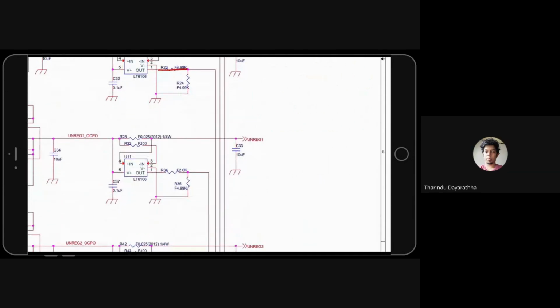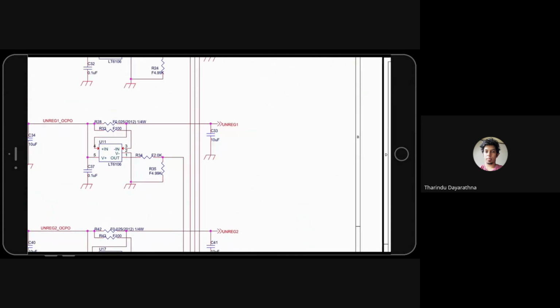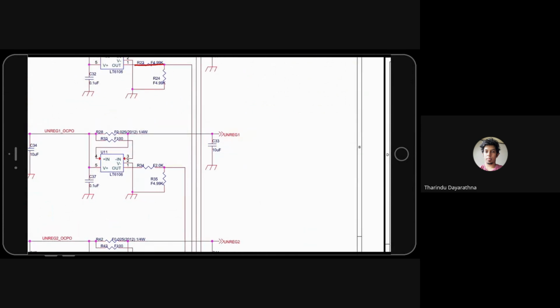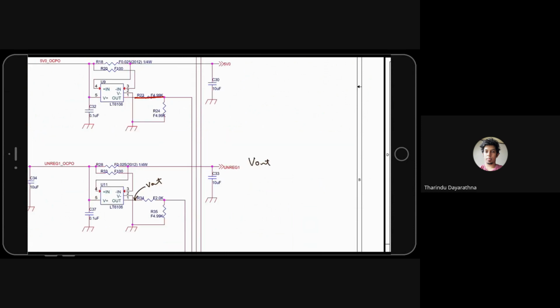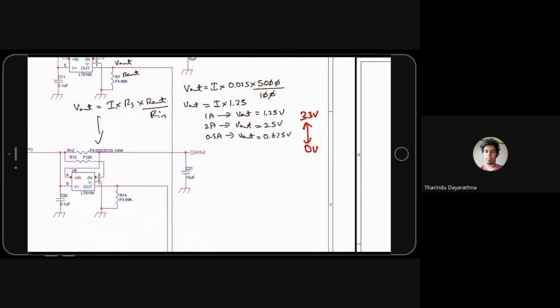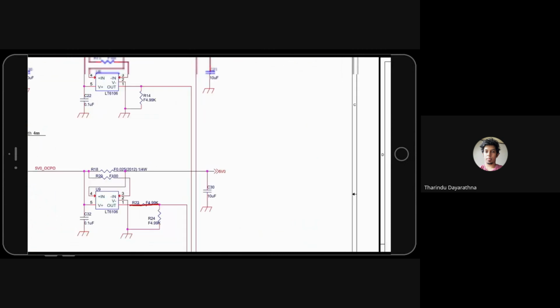Now here is another mistake happening, so let's see the problem. Let's write the V out again. That is the equation given: V out equals I times R S times R out over R in.